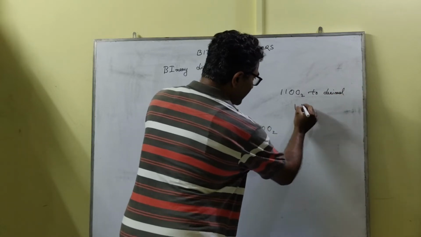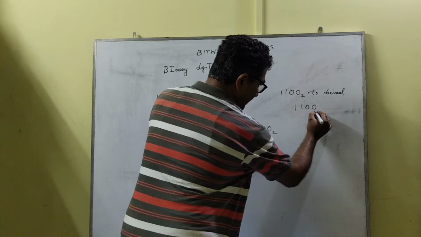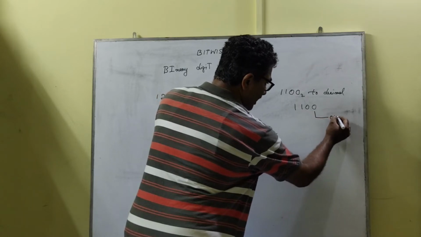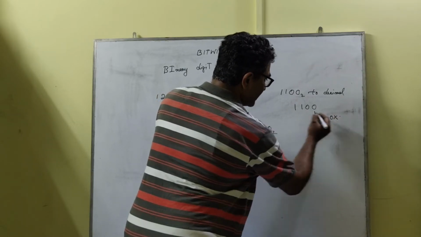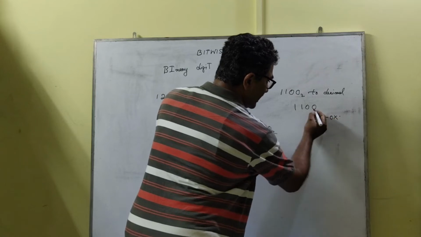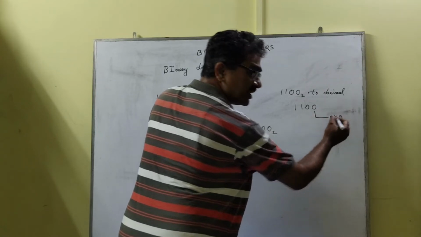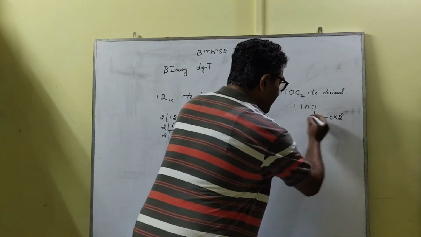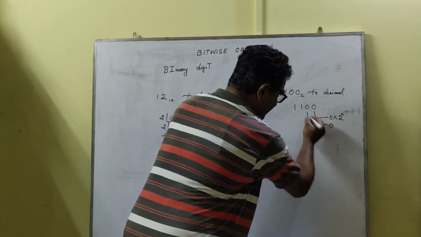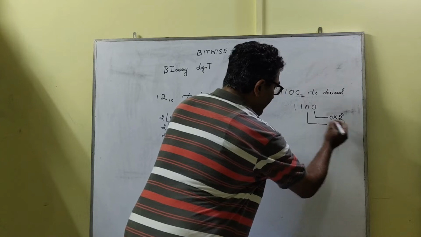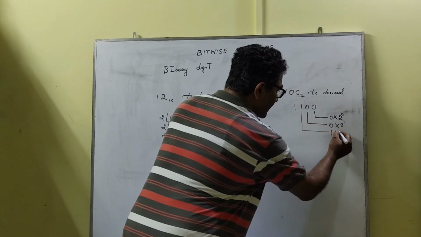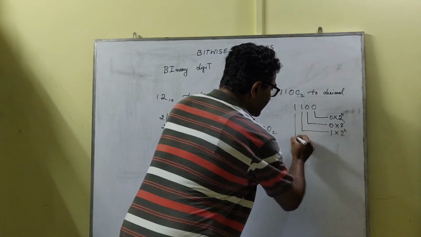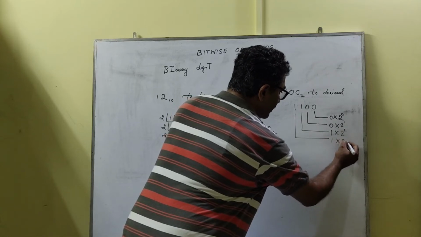We extract each digit and multiply it with its weightage. Since it is a binary number, the last digit has a weightage of 2 to the power 0. Next, 0 into 2 to the power 1. Next, 1 into 2 to the power 2. Next, 1 into 2 to the power 3.